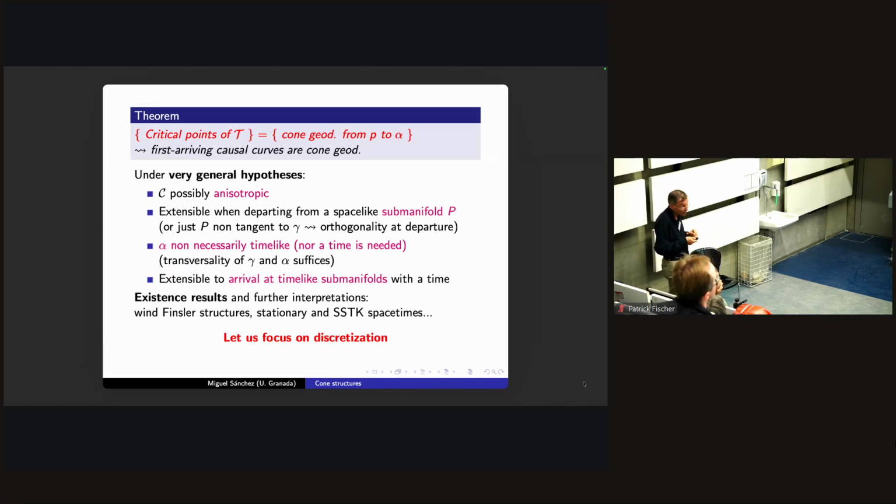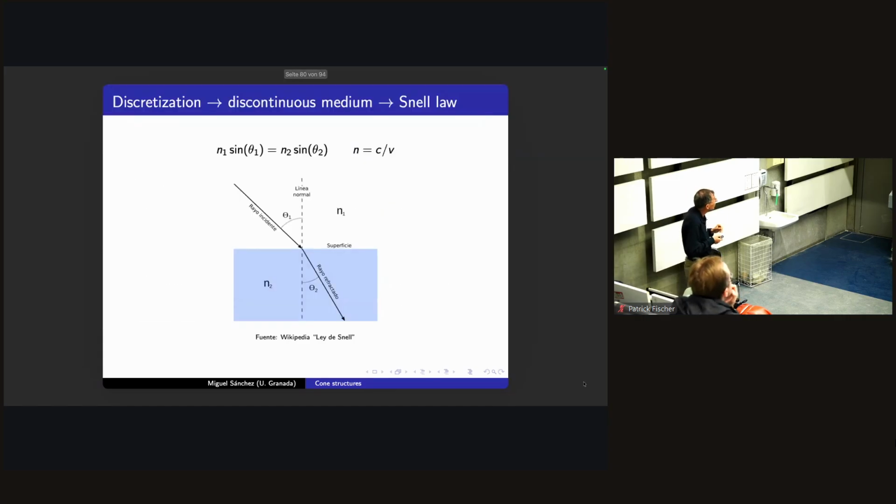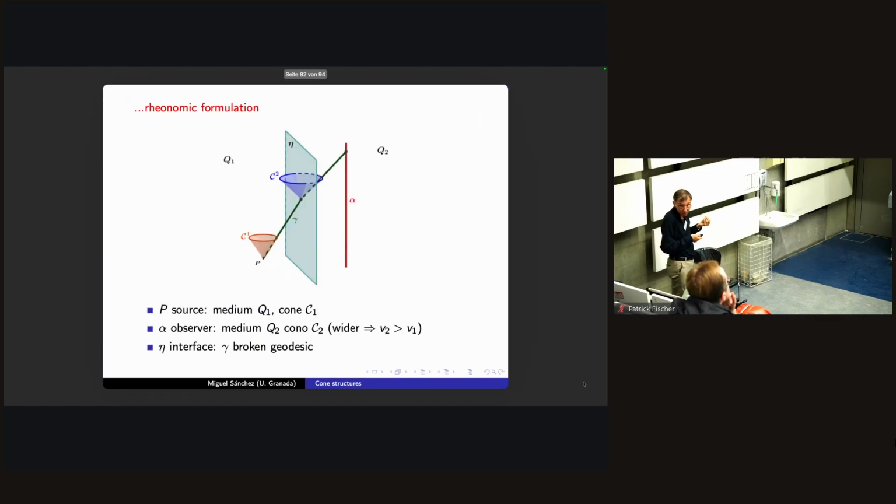Okay. For discretization, this is like considering a continuous medium, and this relates to the classical Snell law, okay? The elementary idea that light, when it goes from air to water, bends, okay? So we are considering now a Fermat problem as before, but for this continuous medium.